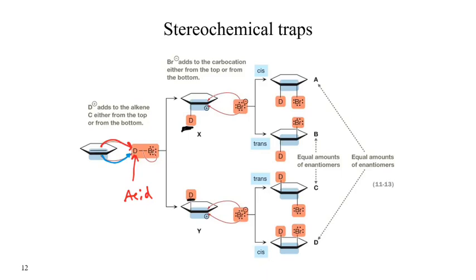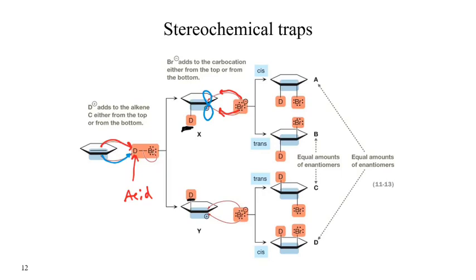The bromide can then come in and react with the next reactive species, which is a carbocation, because it is a positive charge, and can also react both above and below, which then generates two potential products on that branch. We also get two potential products on the other branch. So if we go through and look at this, a single reaction generates four products.